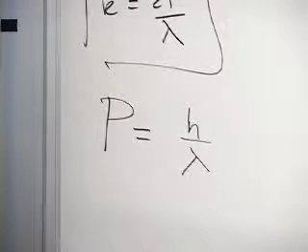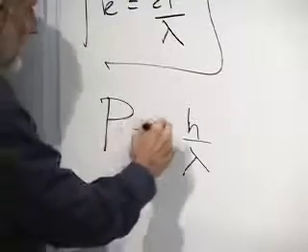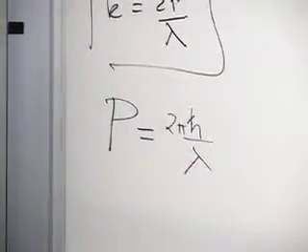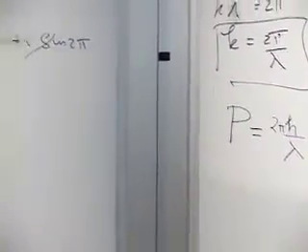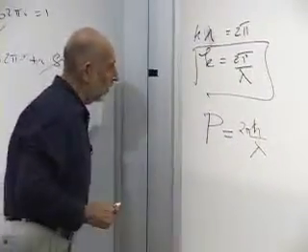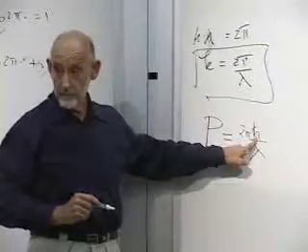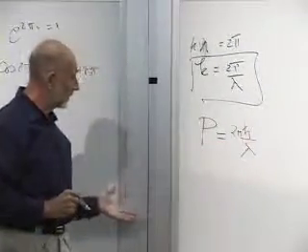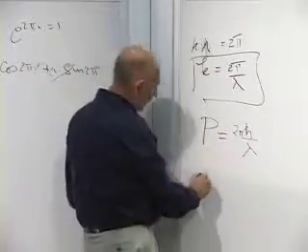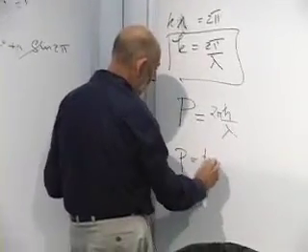But I can express that in terms of h bar, and then there would be a 2 pi: h bar over lambda. So you can see that p and k are essentially the same thing, except for a factor of h bar. In particular, momentum is h bar times k.